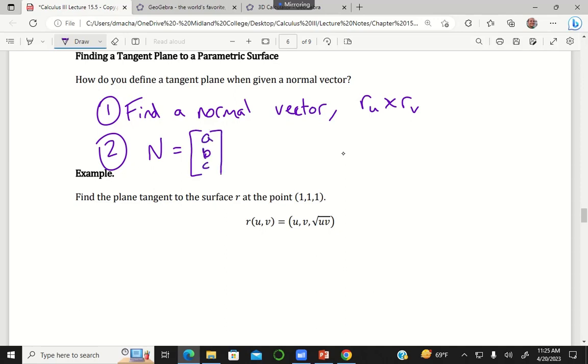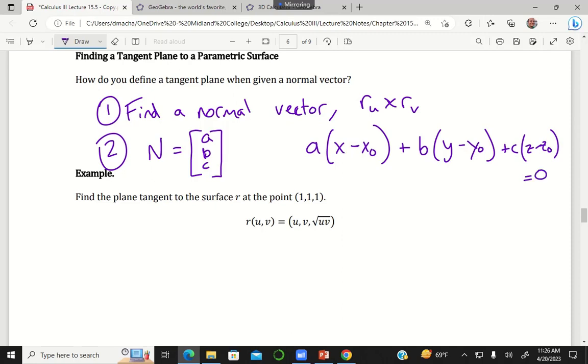Let's call the entries A, B, and C. If that's my normal vector, then remember that the formula for a tangent plane would just be A times (x minus x naught) plus B times (y minus y naught) plus C times (z minus z naught) equals 0. x naught, y naught, z naught is just the coordinates of a point along your surface, and the normal vector A, B, and C is just the normal vector at that point along your surface.